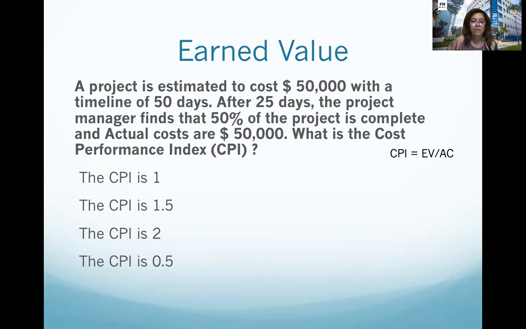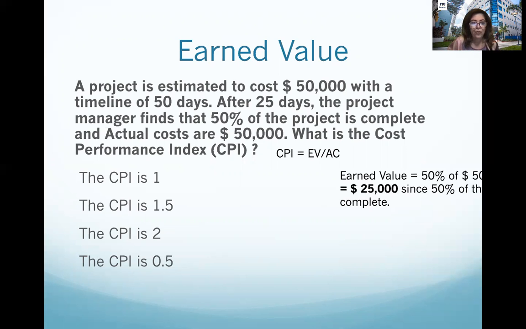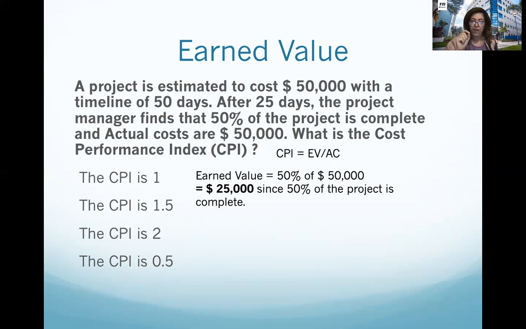What is the cost performance index? By the formula that we already know, the CPI is equal to earned value divided by actual cost. If you just replace the earned value, 50% of 50,000 is 25,000, because it's how much work is done, how much work has been performed.